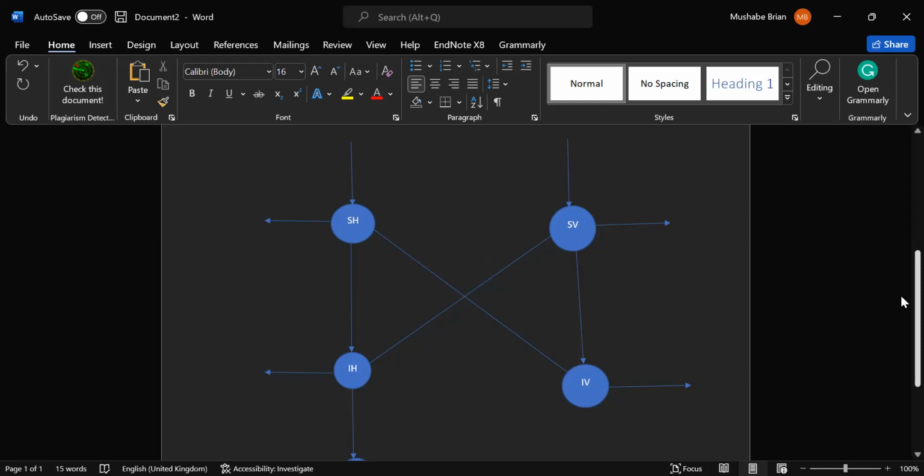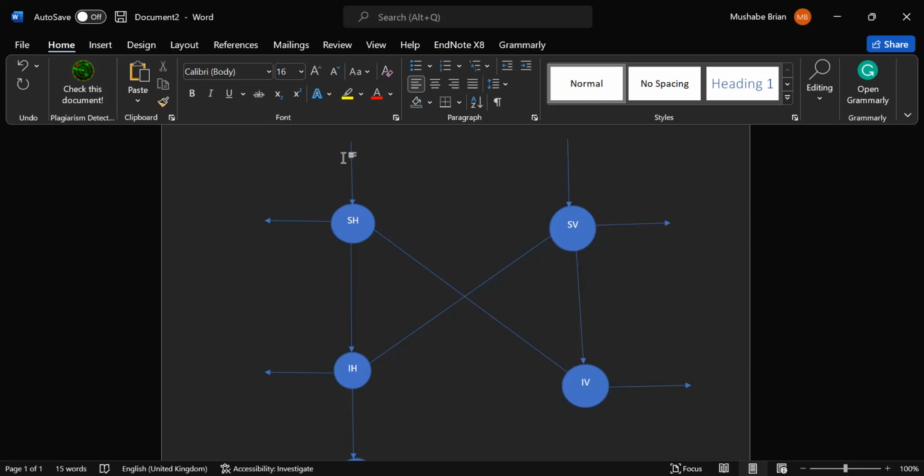Then this part here, SV and IV, is the one for the vectors. Then SH and IH mean the one for the individuals. Maybe I didn't put the parameters, but starting from up here is the birth rate, those who enter the model to get susceptible.